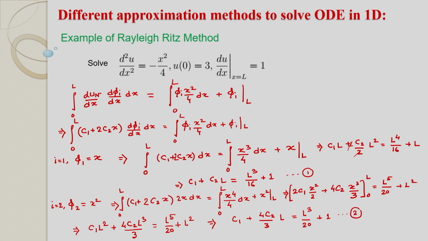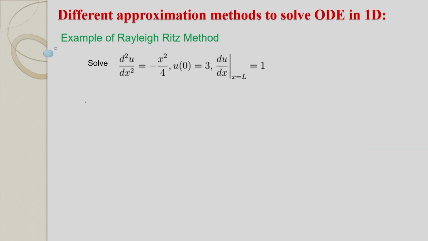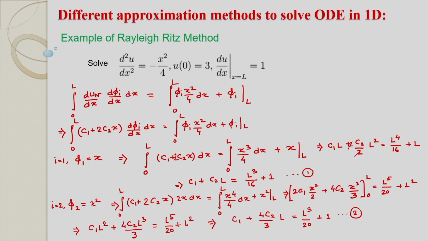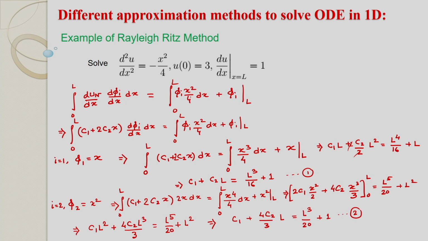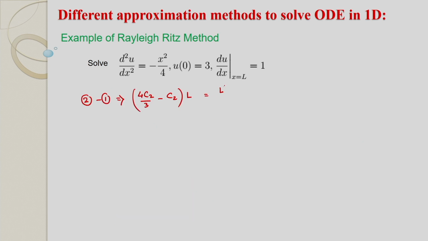So, if we do 2 minus 1, this 2 minus 1 will give us 4 C2 by 3 minus C2 L. If you see, C1 gets cancelled, equal to L cube by 20 minus L cube by 16.